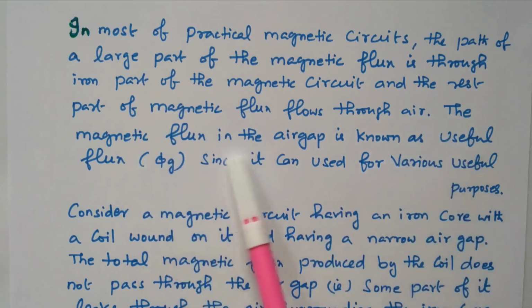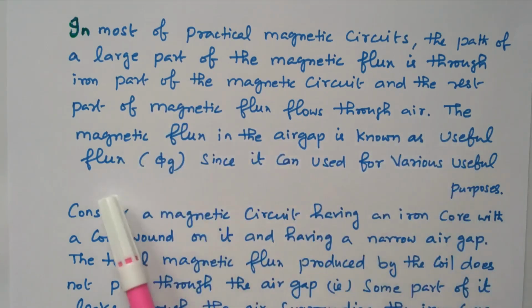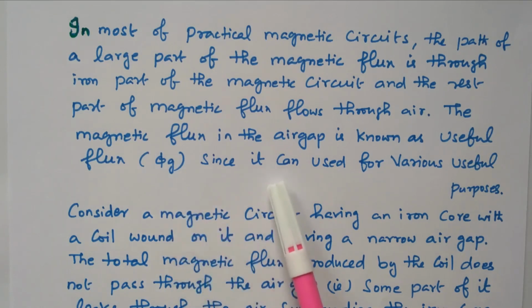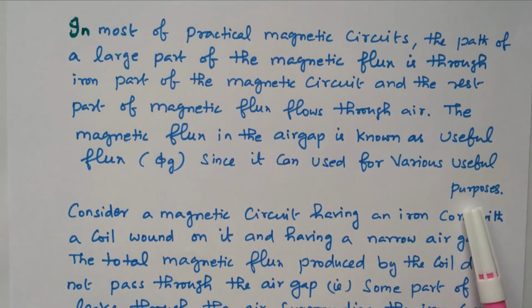So the magnetic flux in the air gap is called a useful flux, phi g. The flux flows from one end to another end through the air. Since it is used for various useful purposes, that flux is useful. That's why it is called a useful flux.